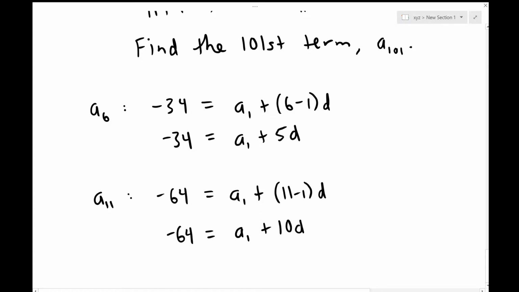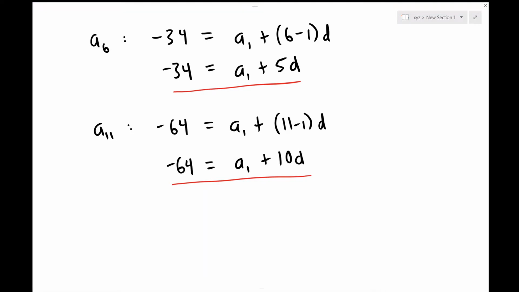Well, what I can do now is to take these two equations that I've just found, negative 34 equals a sub 1 plus 5d, and negative 64 equals a sub 1 plus 10d, and create a system. And so I'll label these as R1 and R2, just as we've done in previous examples. So we'll write R1 is negative 34 equals a sub 1 plus 5d.